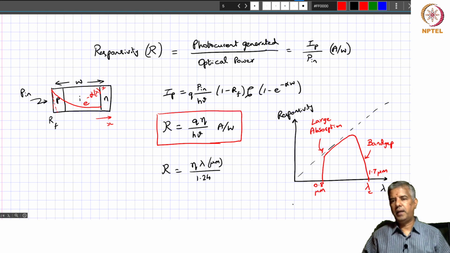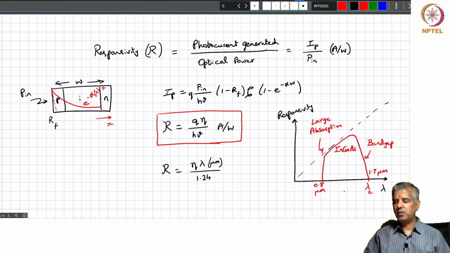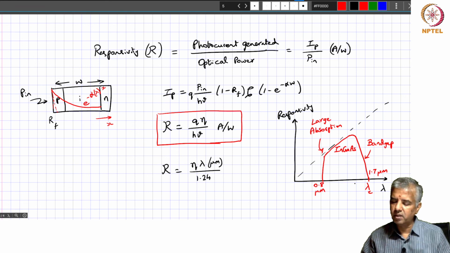This is for indium gallium arsenide. All these wavelengths are in the near infrared. So for near infrared sensors, indium gallium arsenide is a very good material, and so it is for communication applications where the detection typically happens around 1.5 microns.